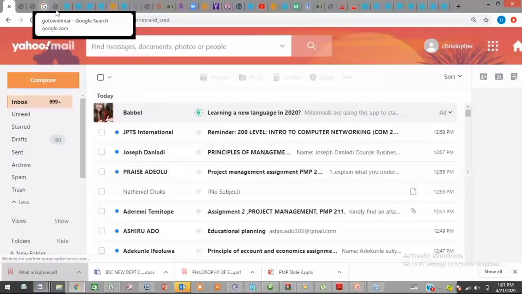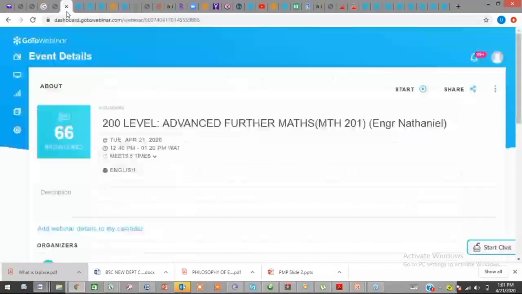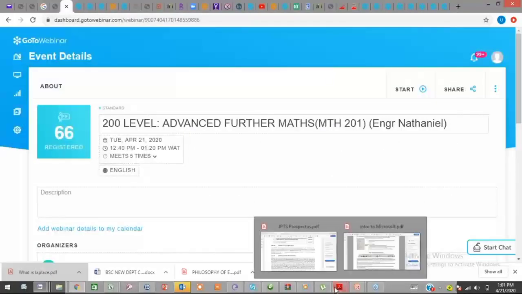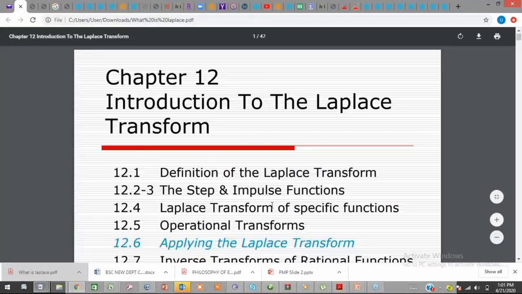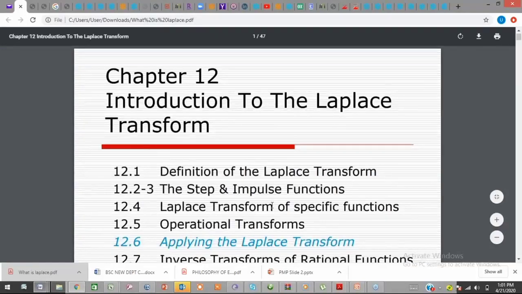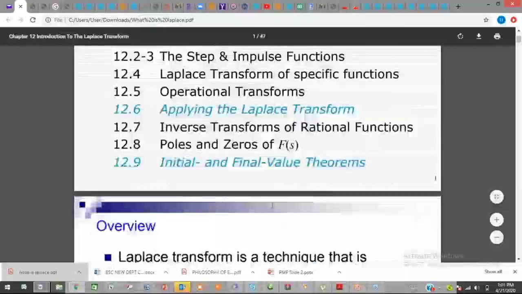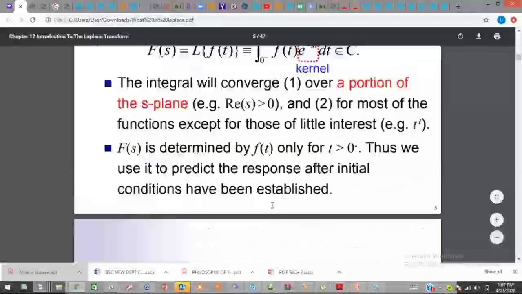Now I want to show you the list of Laplace transform pairs. We have them here on our diagram. For sine, we have sin omega t times u of t for f of t, and for F of s, we have omega over s squared plus omega squared.